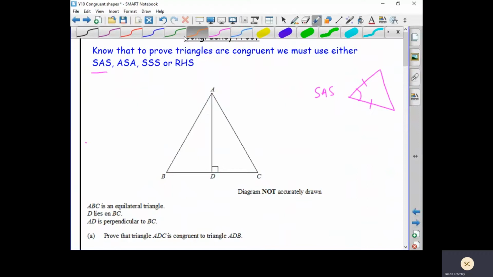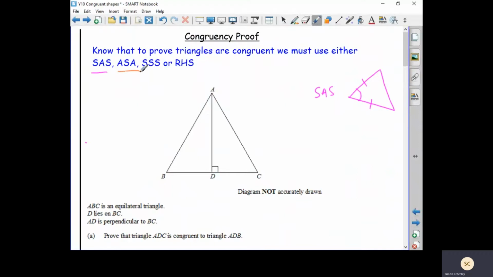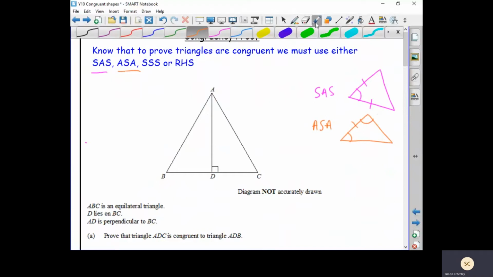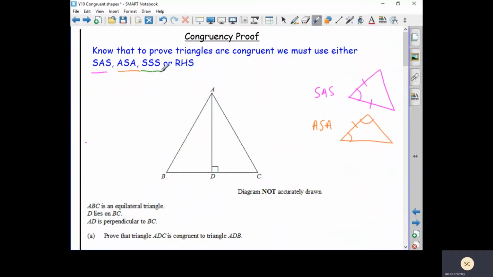Another example would be if you had angle, side, angle, ASA. So if you had 2 angles and the enclosed side, that would be enough to be able to prove it. Also, you could have 3 sides. If you knew all 3 sides and the length of those, well, that would create congruent triangles, they'd be identical.